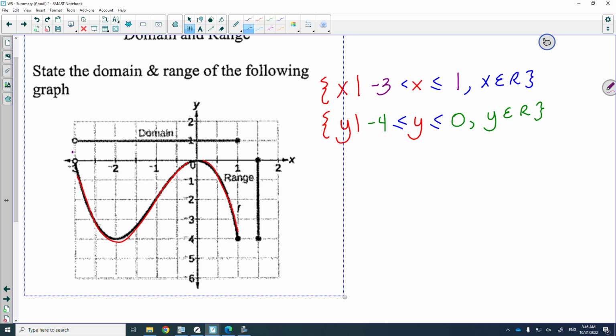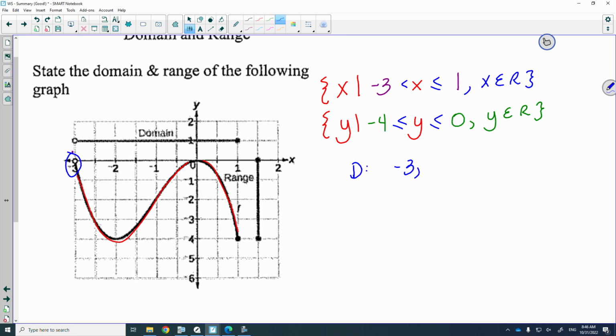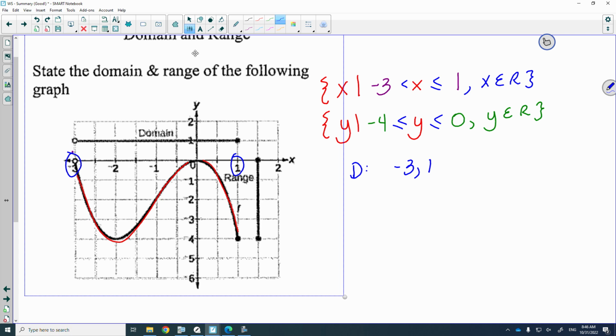A lot of you on your test did not use set builder, you did interval, and you did very well with interval. So interval notation for domain is just the smallest number, which is -3, comma, the biggest number, 1. And then it's either round brackets or square brackets. This would be a round bracket because it's not equal to, and this would be a square bracket because it's equal to.